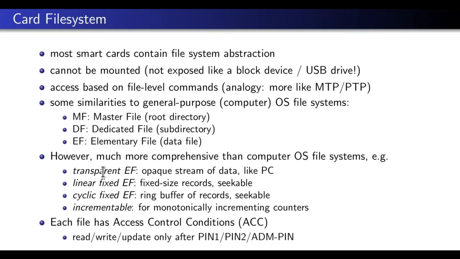And in terms of data files, there are different structures of files. Transparent files is just a blob. Linear fixed files are record-oriented, and you can seek to individual records, and you have access control conditions, which are the permissions to those files: who authenticated, through which channel, authenticated by which means can access the card in one way or another, or modify bits and pieces of it.